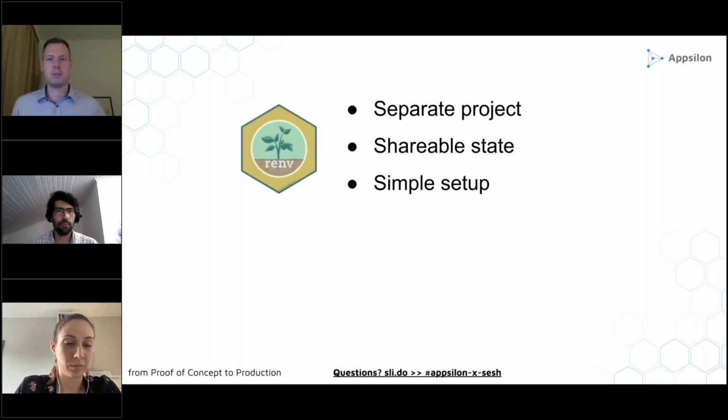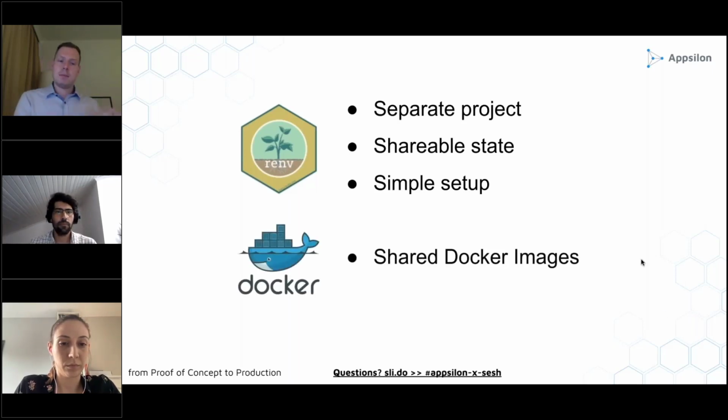Like, you're just using renv and you are able to reproduce your environment, and everything should work as it used to be. Then the next step is Docker images that you can create to be able to easily deploy and make sure that all of your environment, all of the system dependencies are the same.